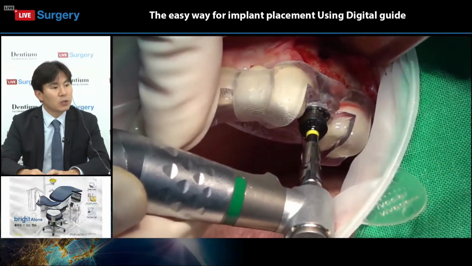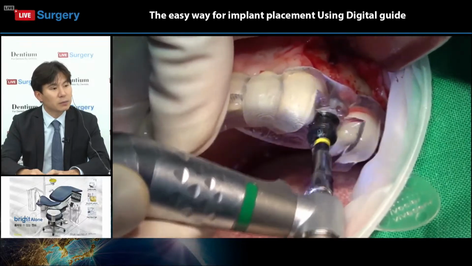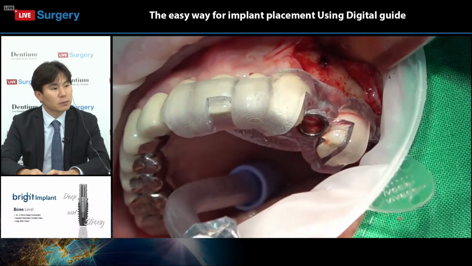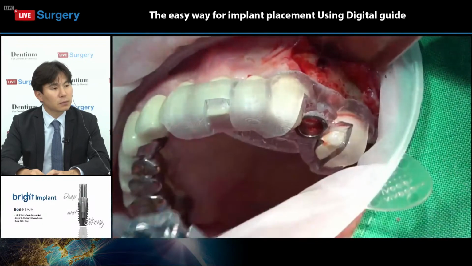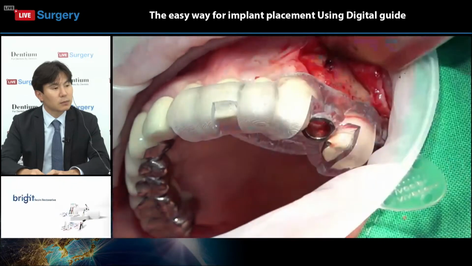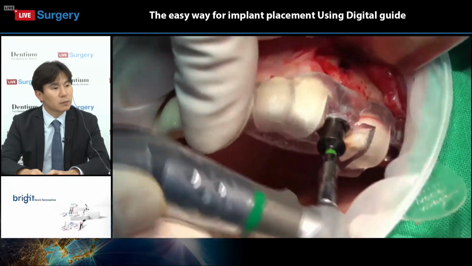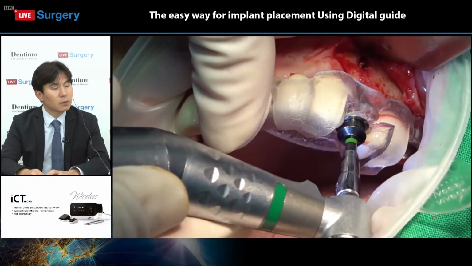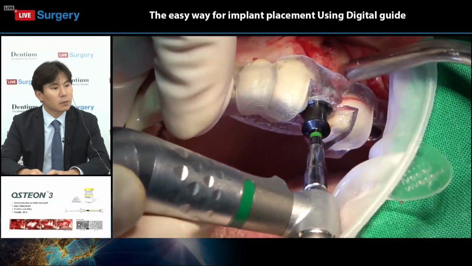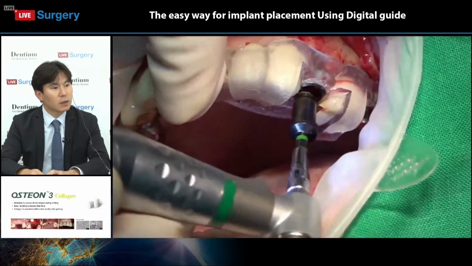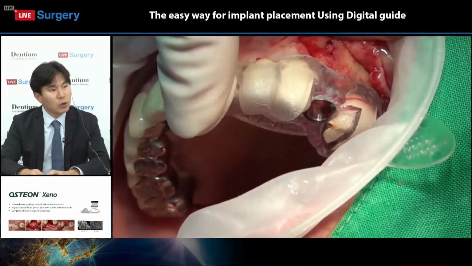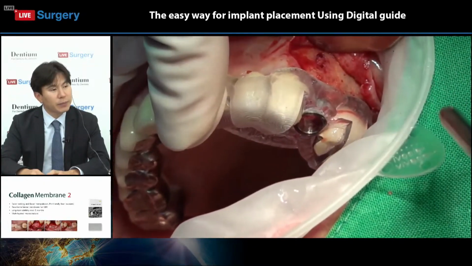And he's enlarging the osteotomy. And he made the final drilling with a low RPM.